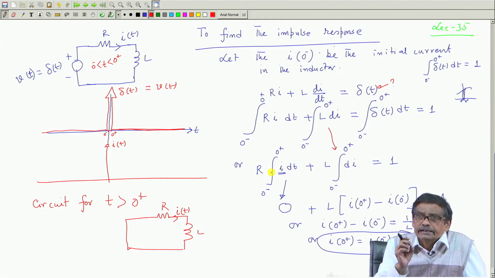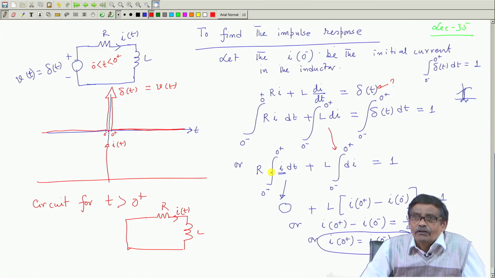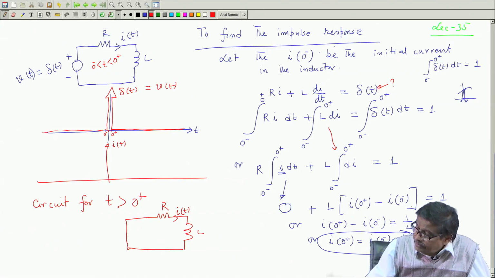Even if the current has a step change, the area under this curve will be 0, because dt is vanishingly small. So, this integral will give you 0, and from this you will get I 0 plus equal to I 0 minus.